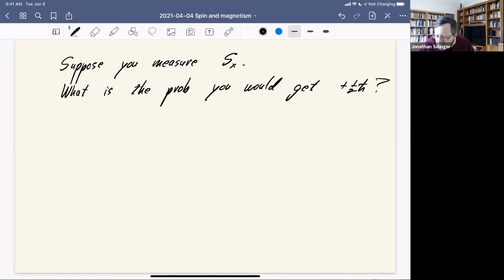So that probability is, as always, the magnitude squared of an inner product. Right?